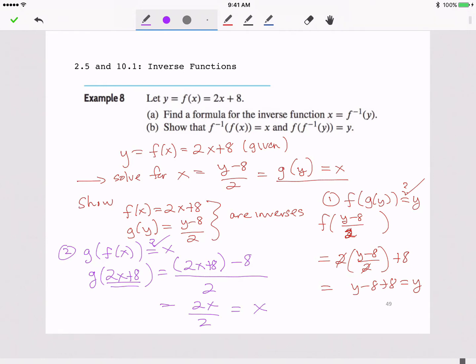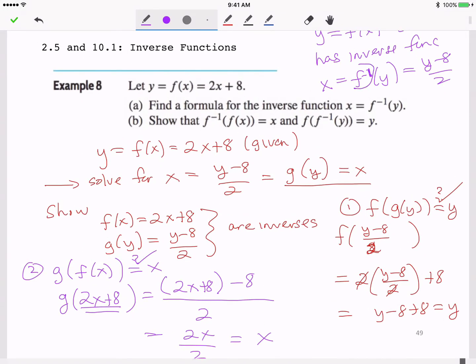It's those two properties that together show that the function y equal f of x, which is 2x plus 8, has an inverse function, x equal to f inverse of y, which is y minus 8 over 2. So instead of calling the function g, once you know it's the inverse function, you can denote it with f with this little superscript minus 1.